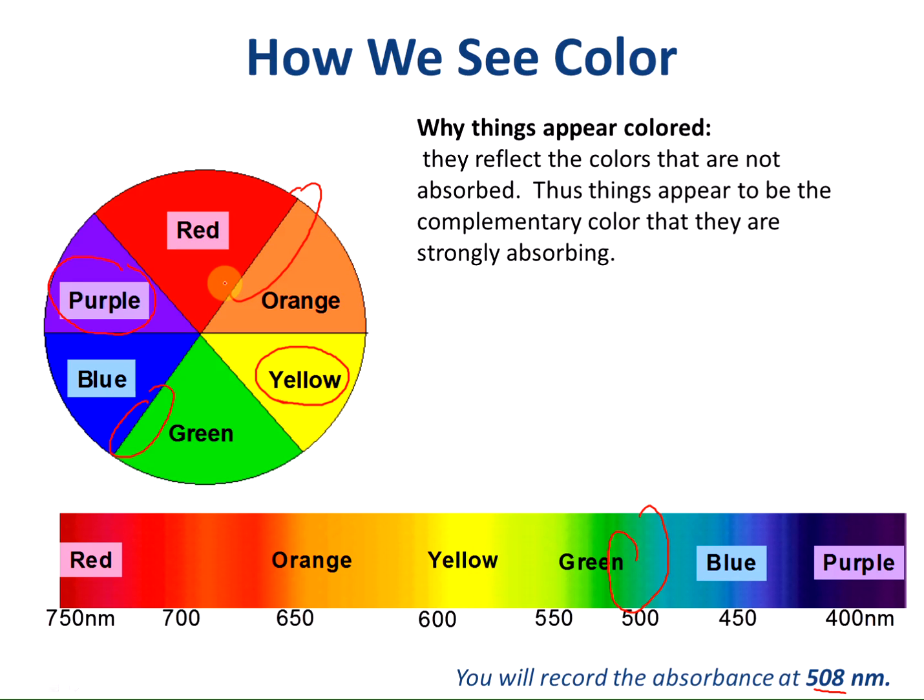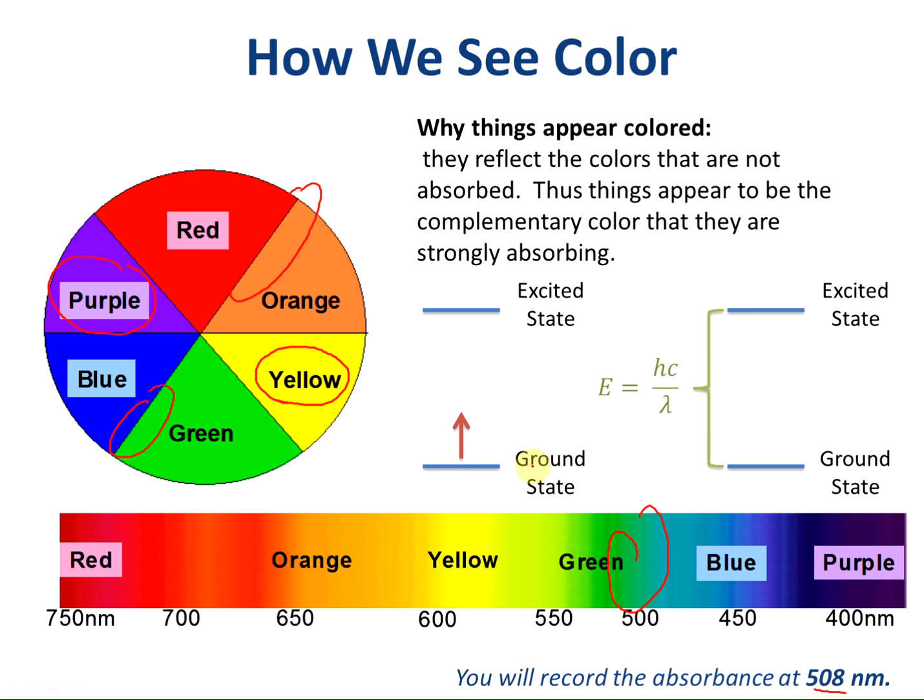Now when we see colors, there is an electron in a ground state orbital. And if we give that compound energy, that electron can be excited. When we look at the difference between the ground state and the excited state, that difference, which we're representing in this height, is an energy difference.